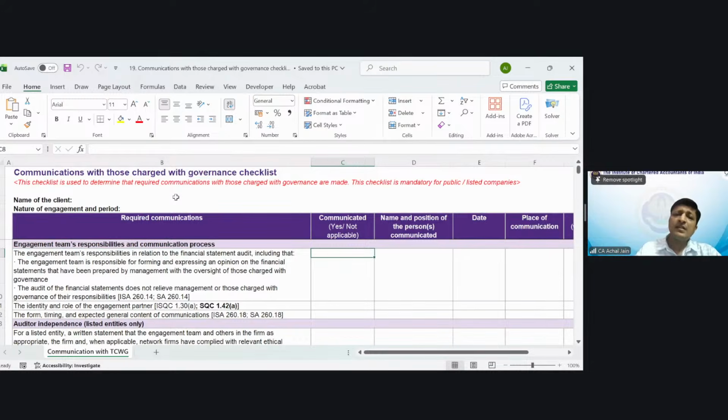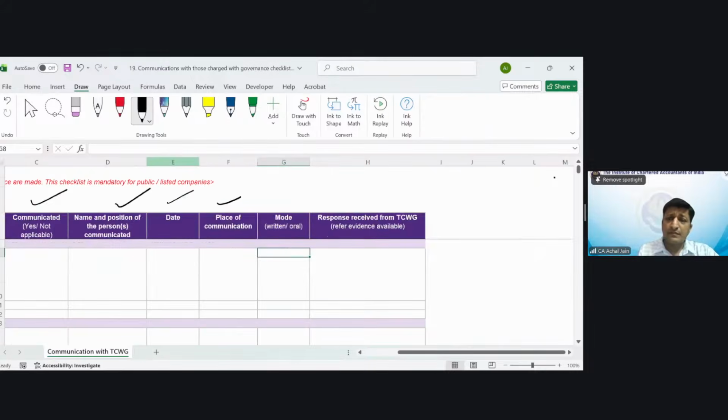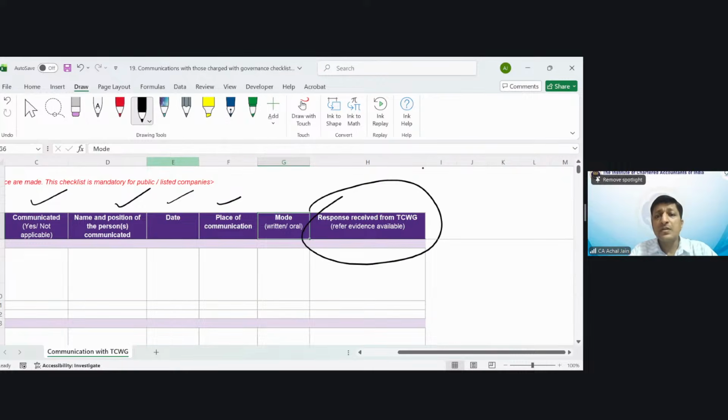Then they will document whether it's been completed or not: name and position of the person communicated, date, place of communication, whether it was a written or oral communication or both, and what response was received from TCWG, if there is any evidence available.